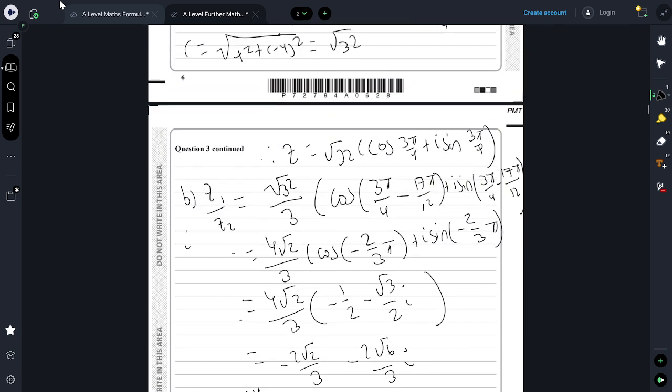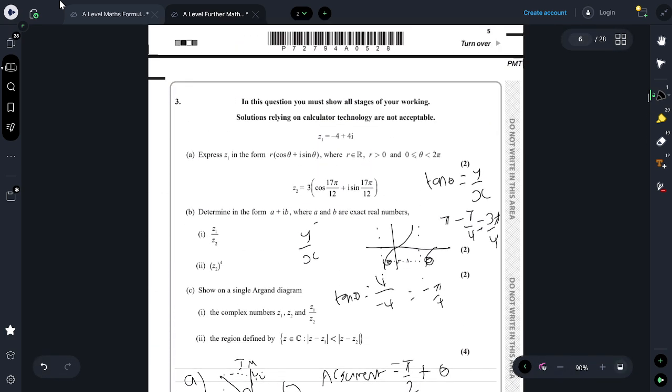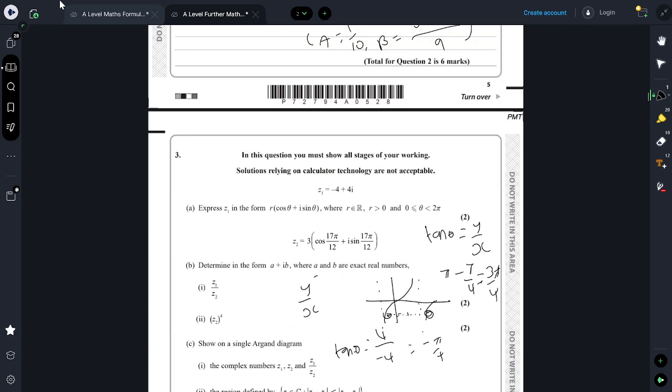Now Z2 is written in this form. So I think the best thing to do is to again write in x plus iy form because everything else is in x plus iy form. So let's do cos of 17 pi over 12. I'm not sure this will give you a nice number. Well, it does, but it's still not nice.